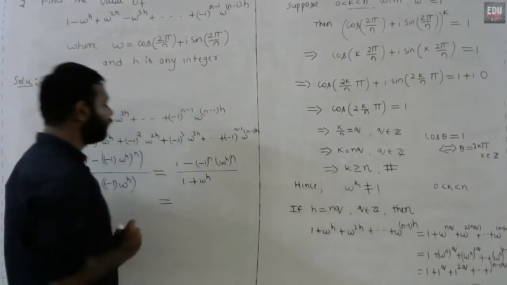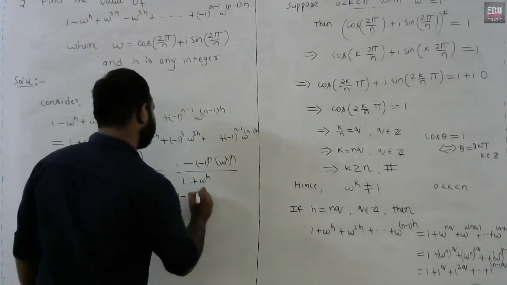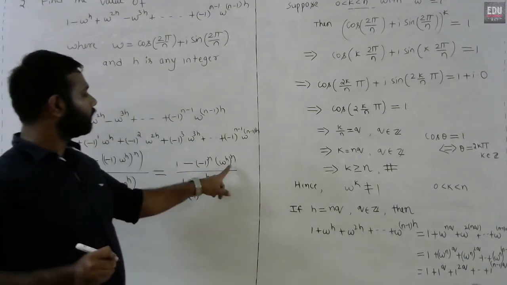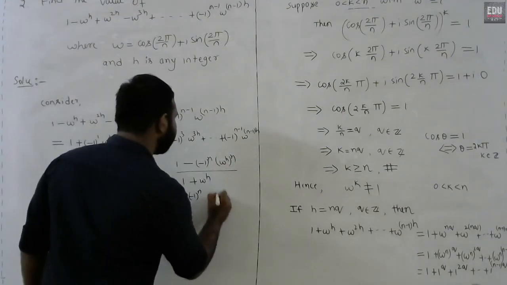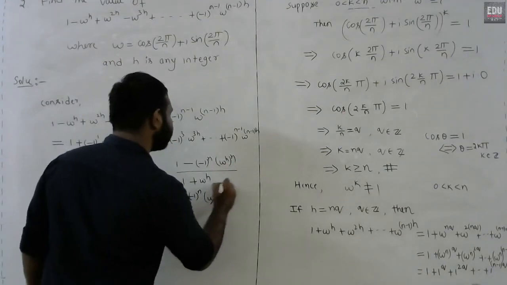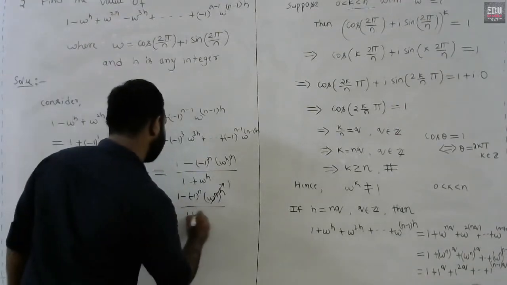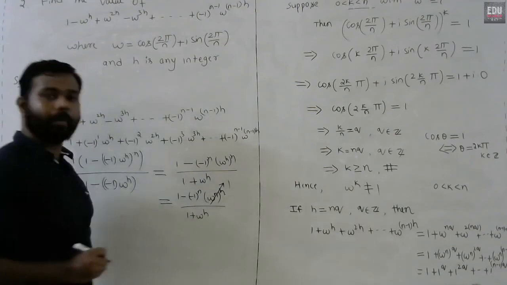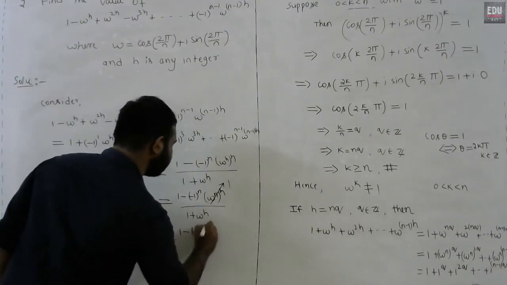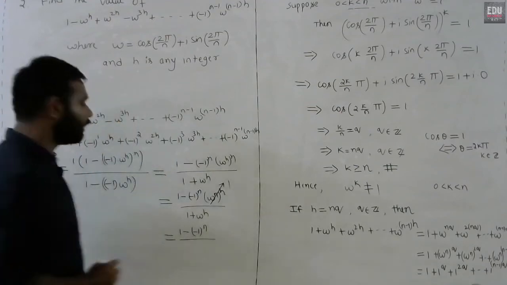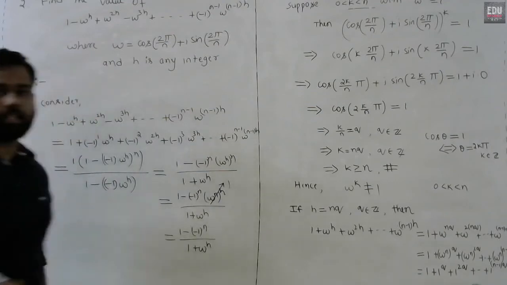Now omega power h whole power n can be written as omega power n whole power h, which reduces to 1. So it is just 1 minus minus 1 to the power n divided by 1 plus omega power h.